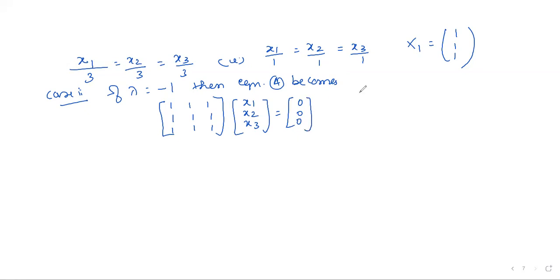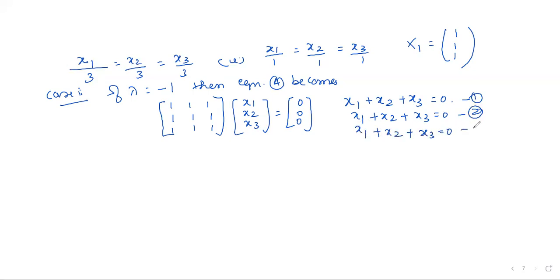All my three equations will be one and the same: x1 plus x2 plus x3 is equal to 0. The second is again x1 plus x2 plus x3 is equal to 0, and the third equation is also x1 plus x2 plus x3 is equal to 0. So all the three equations represent x1 plus x2 plus x3 is equal to 0.